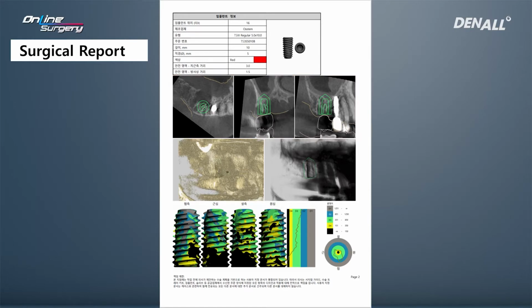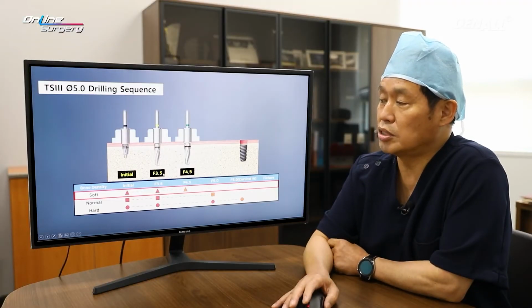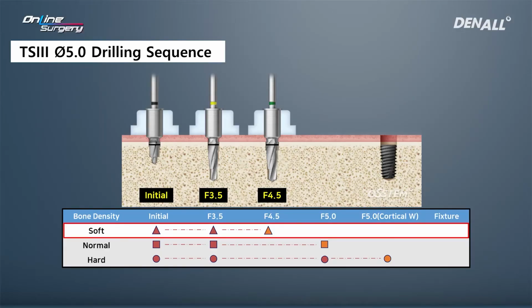If you look at bone quality, it is approximately D2 to D3, so the bone quality is not excellent. I planned TS3 5.0 by 10 millimeter, and I anticipated that the bone will be soft, so drilling is going to be done only up until 4.5, and a 5.0 by 10 millimeter implant is going to be placed.